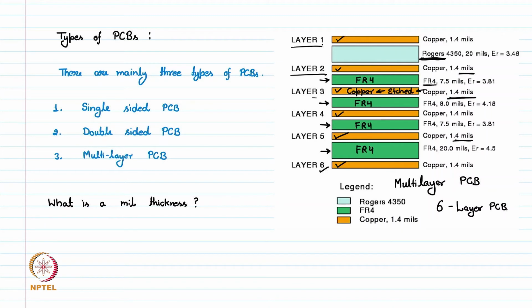Whenever we are doing production or manufacturing, those dimensions are mostly given in mils, and a mil is a unit of thickness equal to 1,000th of an inch.